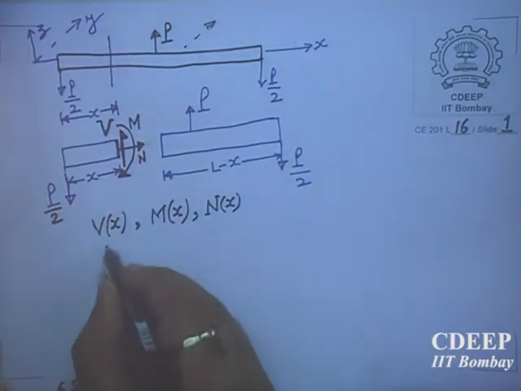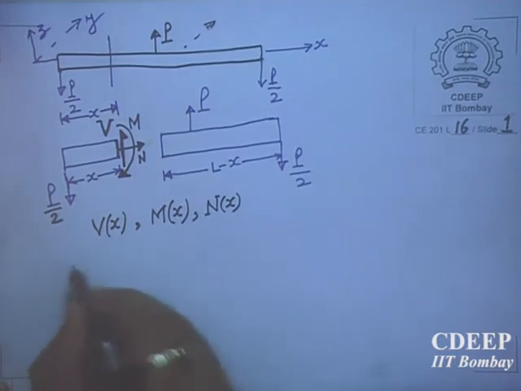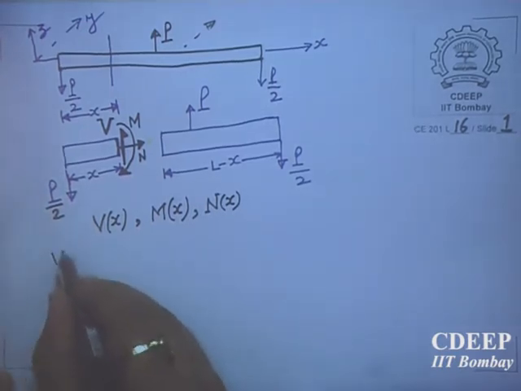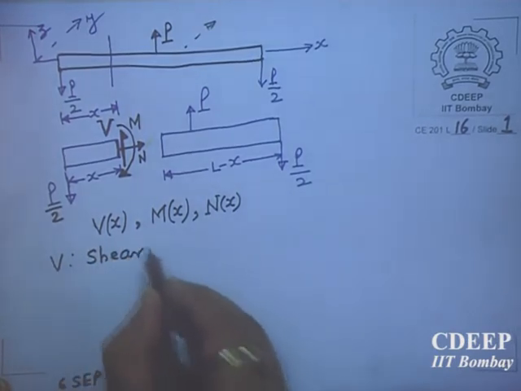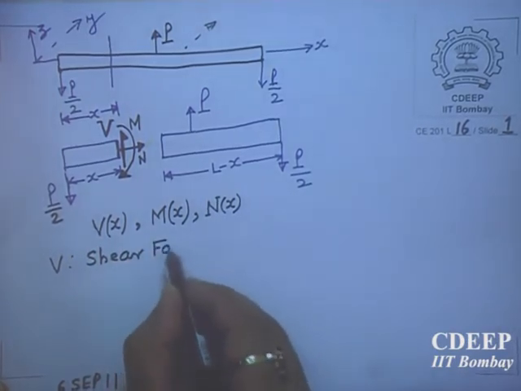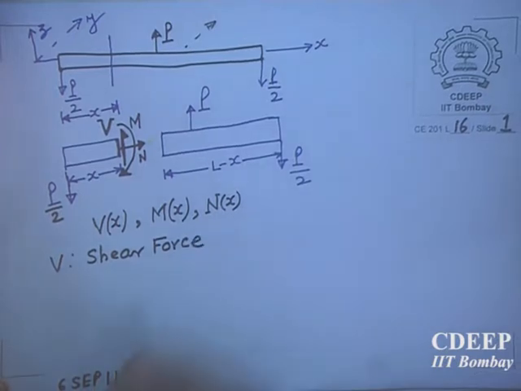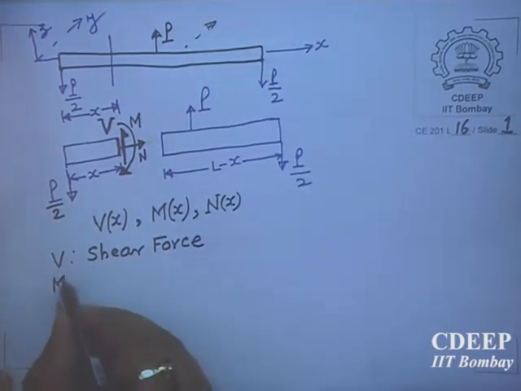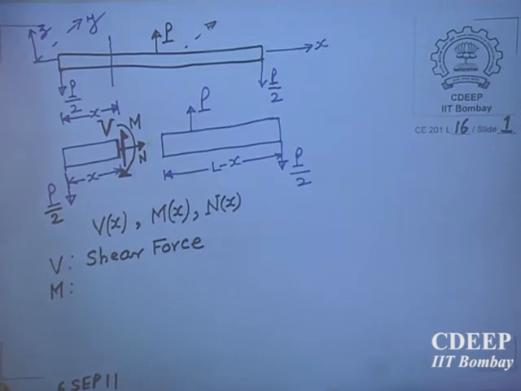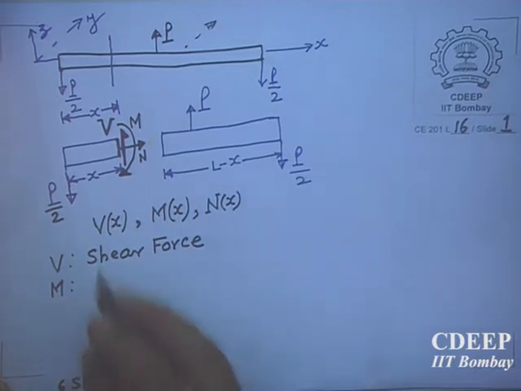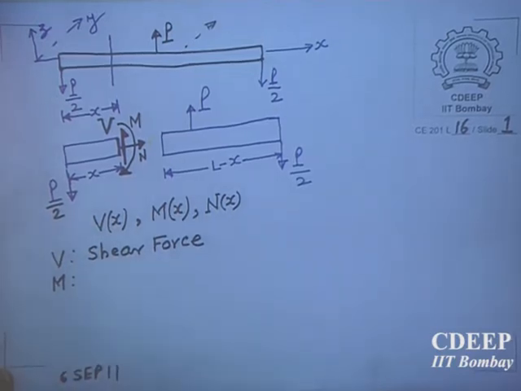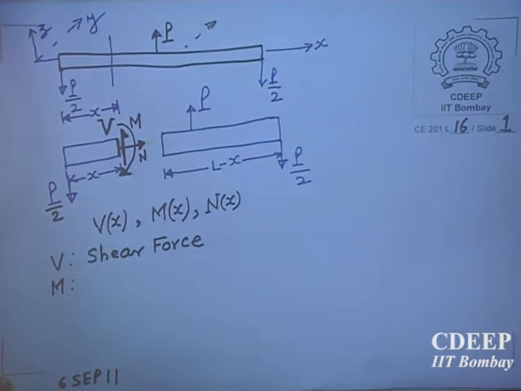This is called shear force. V is called shear force. So shear force in the beam is V. M is called bending moment at cross section x, M of x. So in the beam there will exist bending moment. This is not torque, this is called bending moment, which bends the beam.